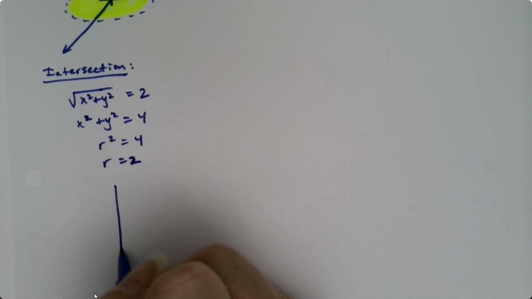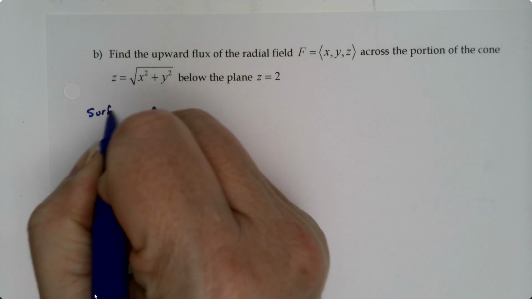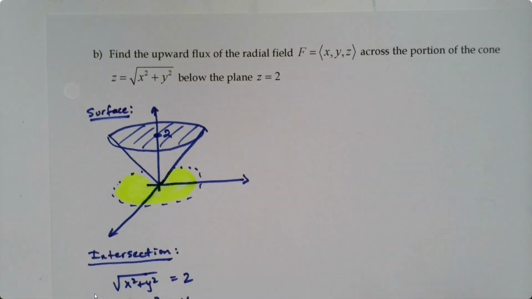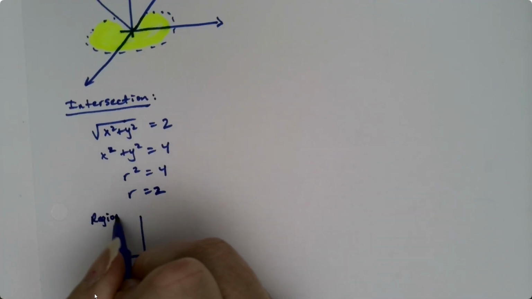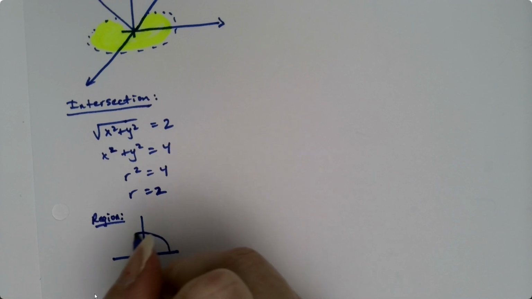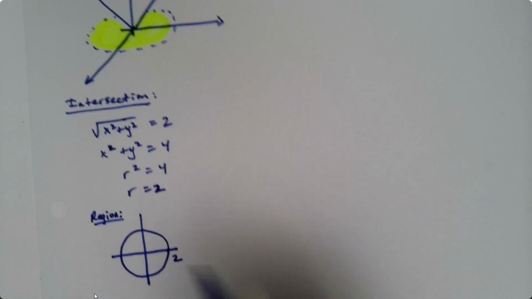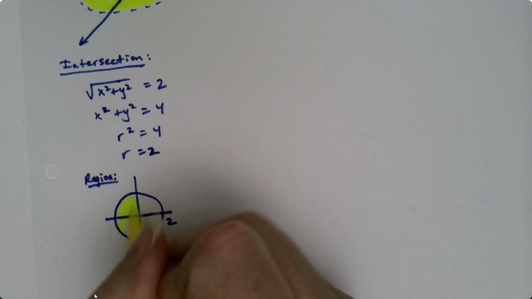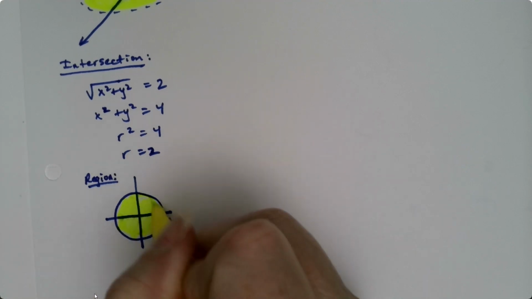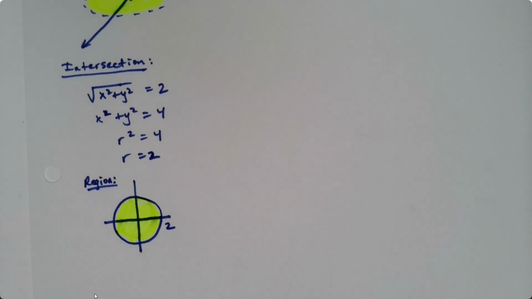All right, so our region of integration, oh, I should have said, this is the surface up here. And then down here will be our region of integration. Okay. So now we need to find a whole bunch of stuff so that we can actually run this integral.